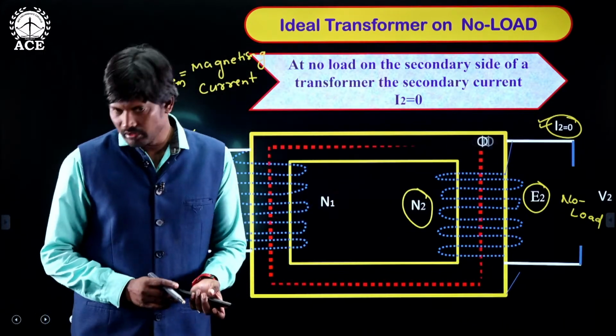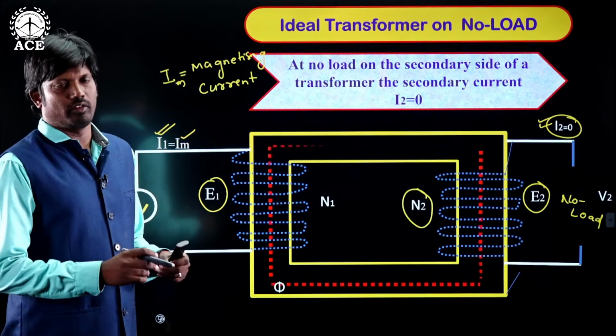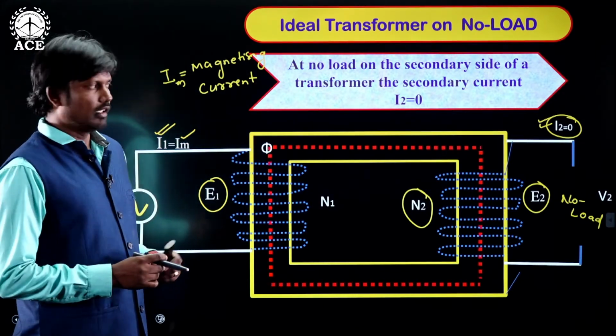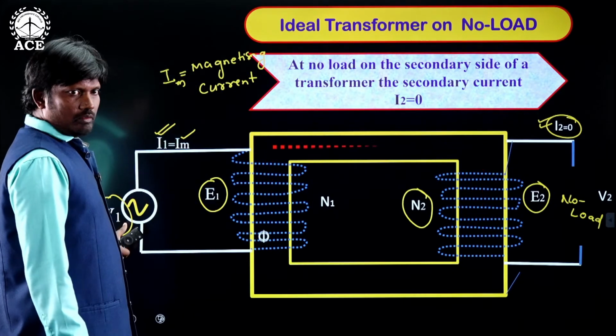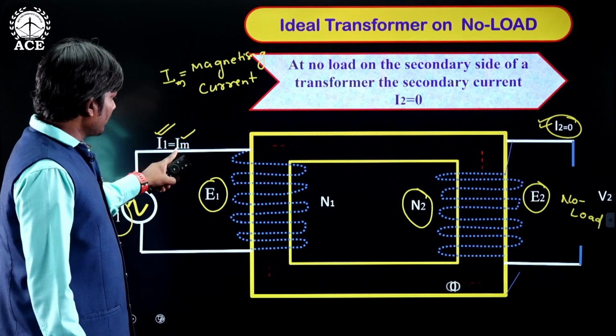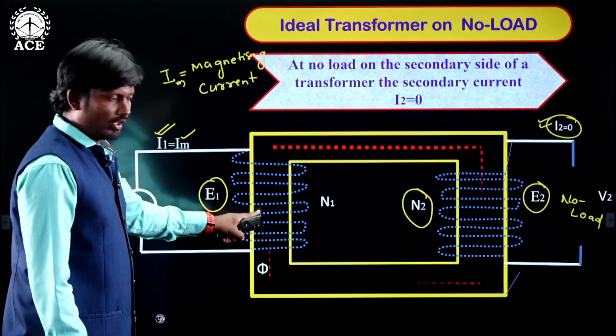These relations are very, very important for drawing the phasor diagram. Remember that one. So this Im lags V1 by 90 degrees. This Im is in phase with the flux.